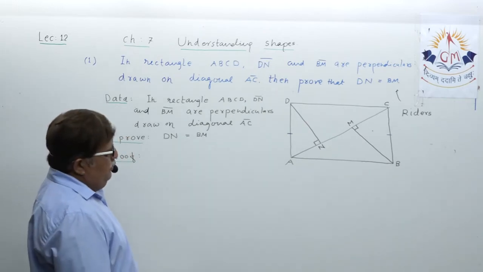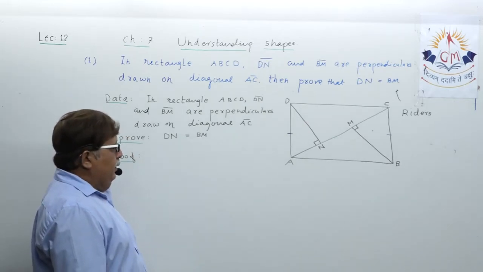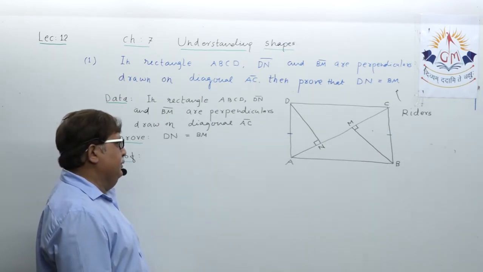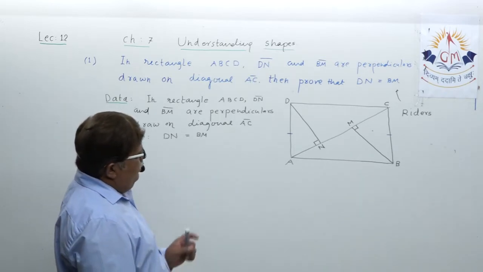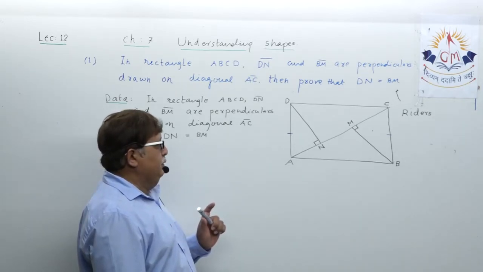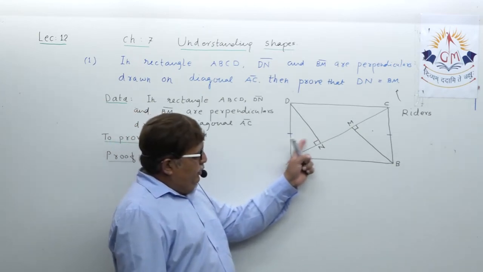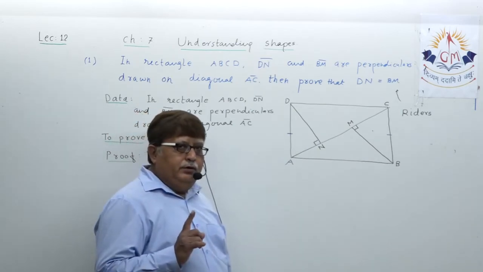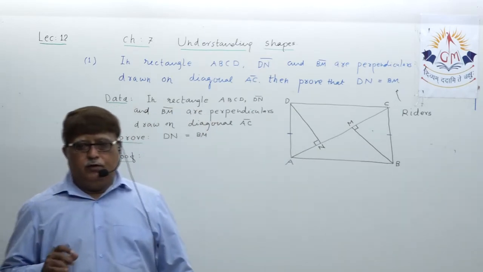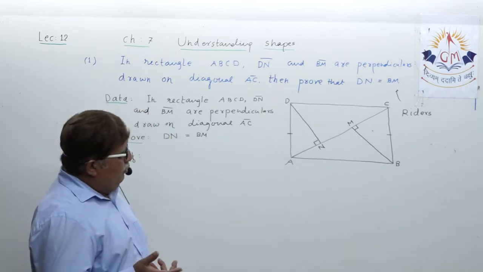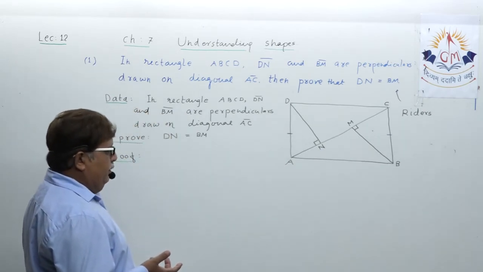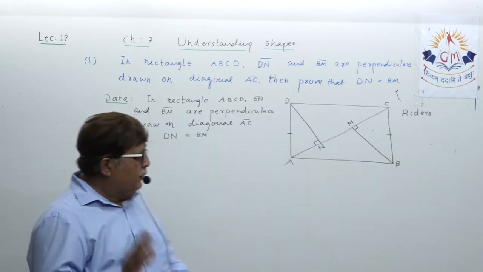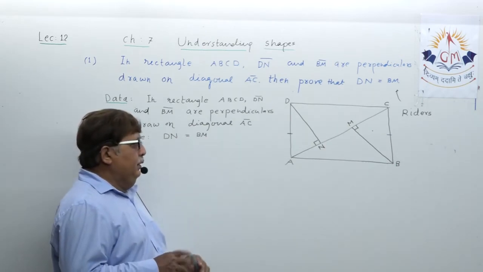See dear student, one thing has become clear: when you want to prove these two triangles congruent, one pair of opposite sides of the rectangle are always congruent. Understood? So dear student, got this one? Okay. Is it clear?